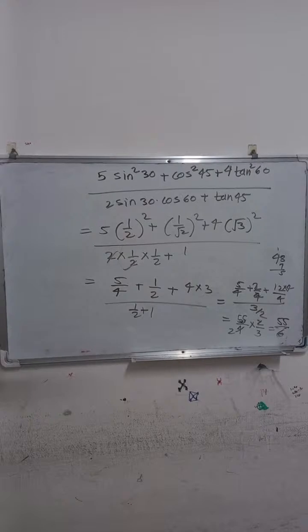Okay, everyone copied this. Okay, so write down the next question, that is find the value of x. Find the value of x if... this is a little bit different question.